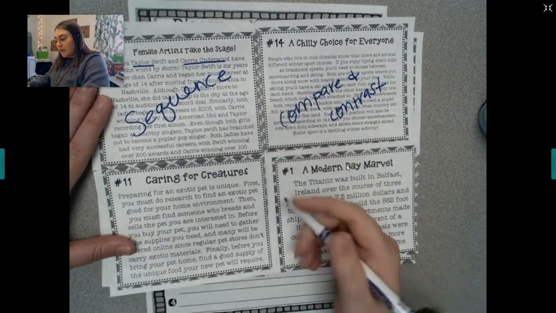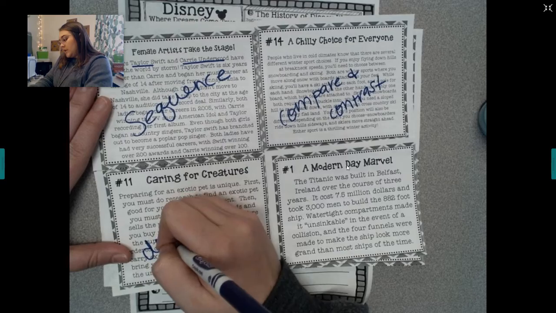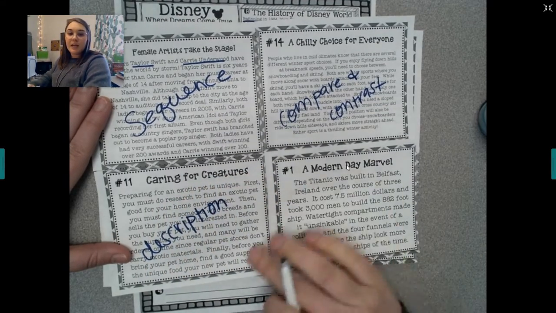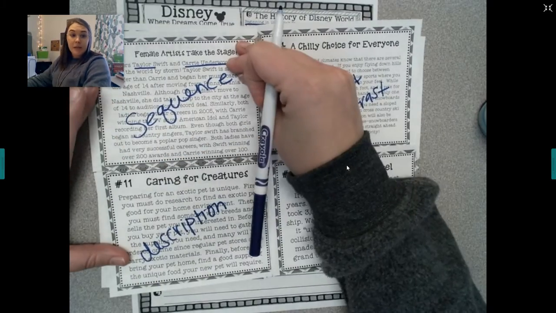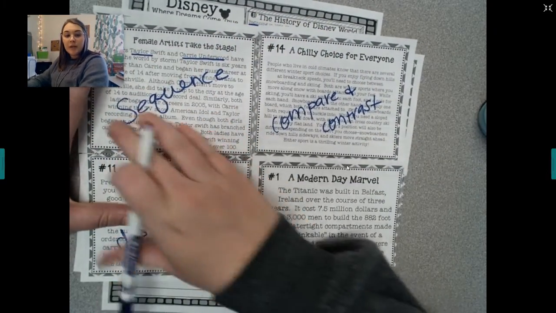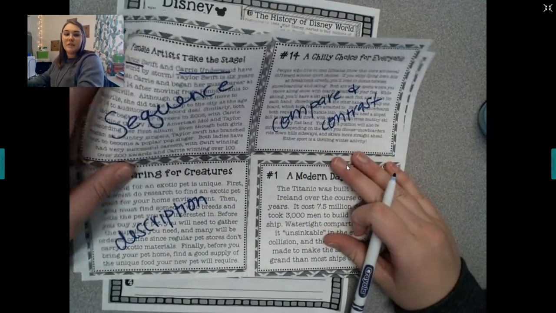Say that one's compare and contrast. This one you think is description. That's how you're going to answer the question. So really big text box across it or in it somewhere. Just after you finish reading it, write it really big on the paragraph, just like I did. So you can print these off and do it, or you can just put a text box in with your PDF pen and write it really big across the task card.